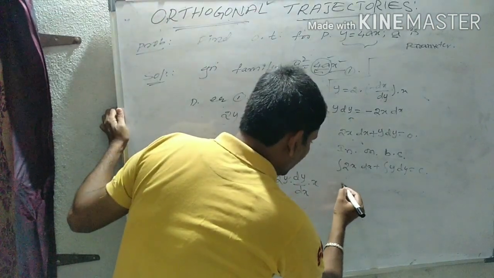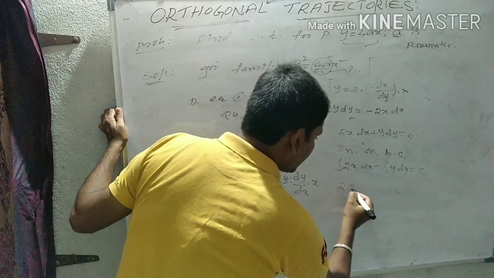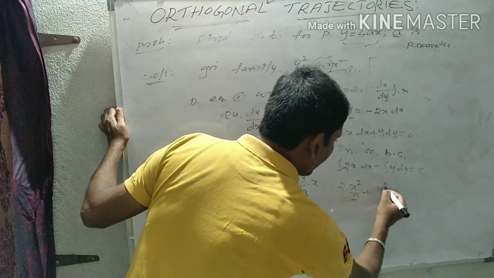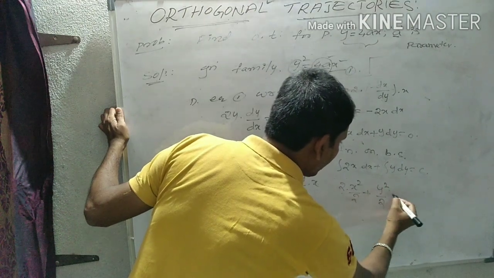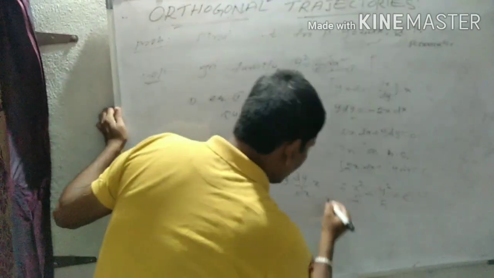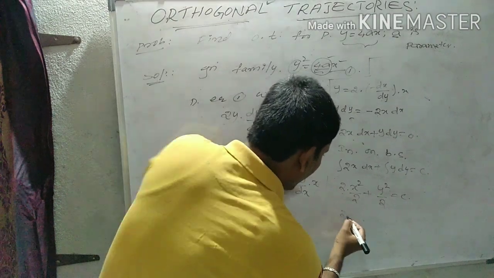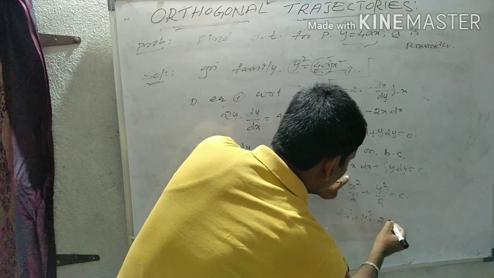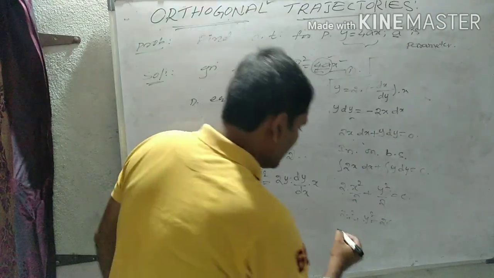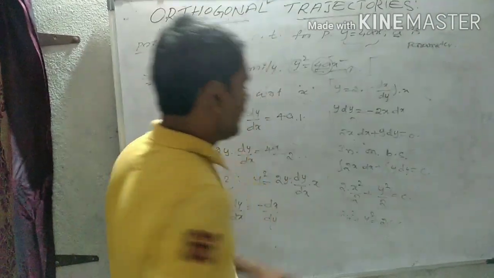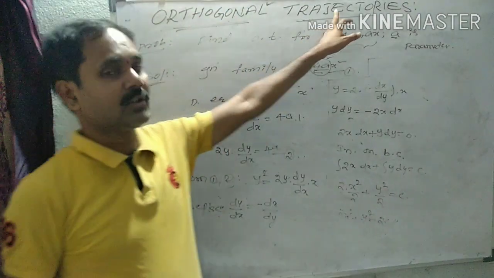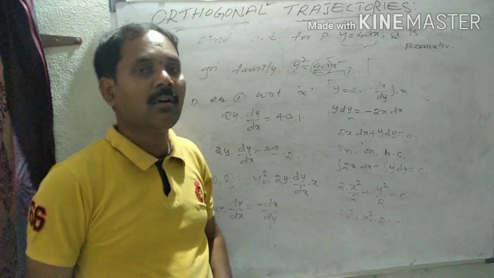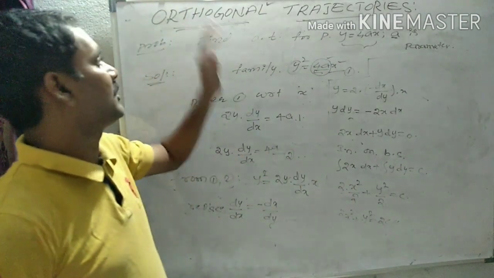So 2 constant, integration x dx, x square by 2, plus integration y dy, y square by 2 equal c. Finally, we can write 2x square plus y square equal 2c, or c. So this is the required orthogonal trajectory of equation 1. This is the process of the orthogonal trajectory problem.